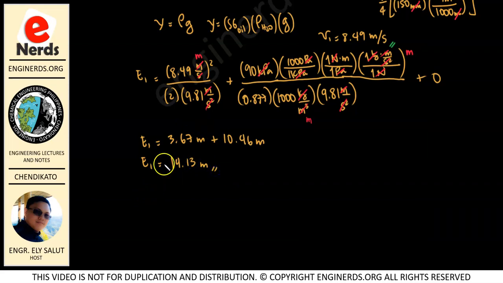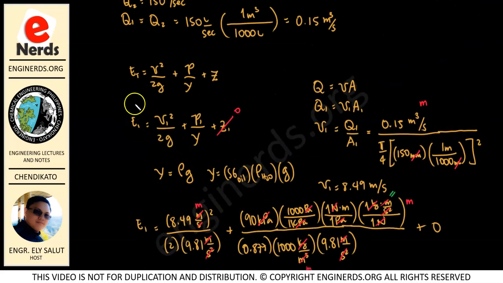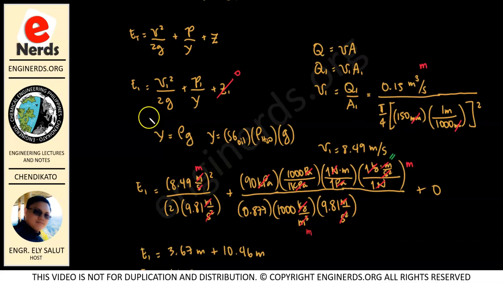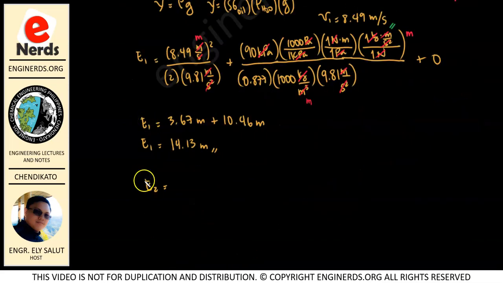So now let us get the value of E2. So E2 is equal to, gamitin ulit natin itong formula natin dito, no? So our E2 is equal to velocity 2 squared over 2g plus pressure 2 over our unit weight plus Z2.